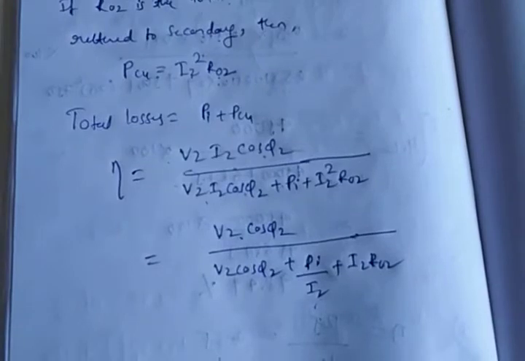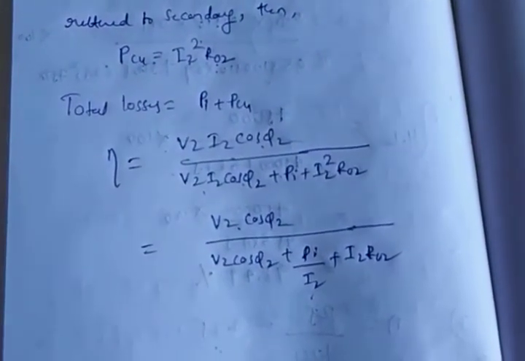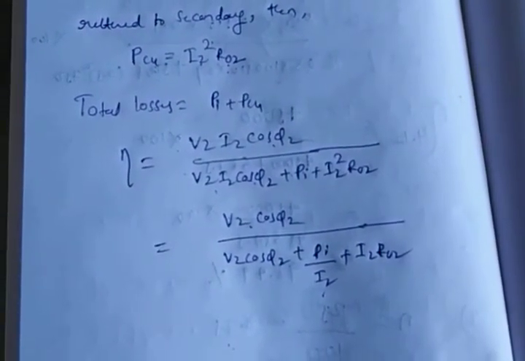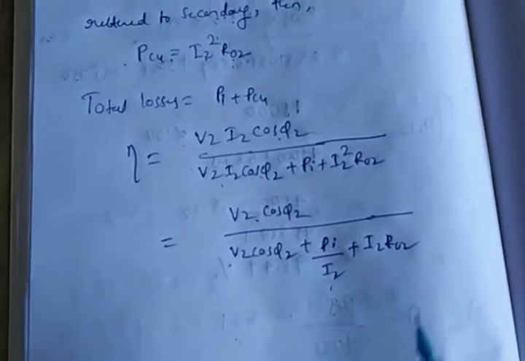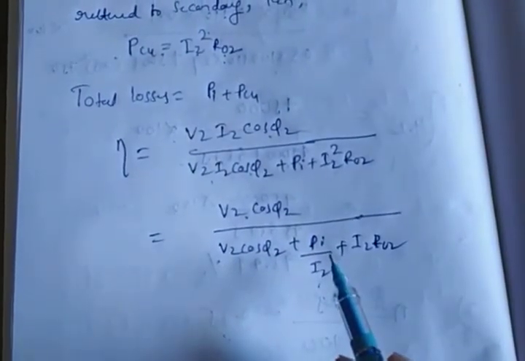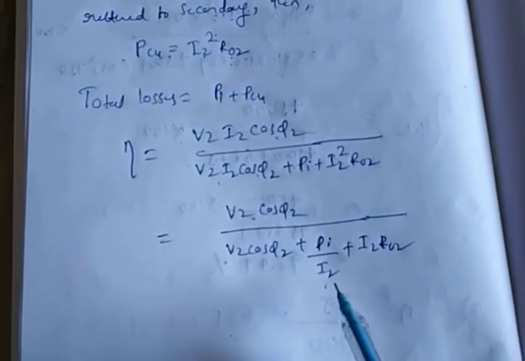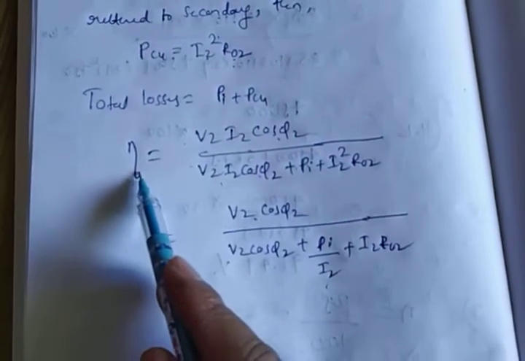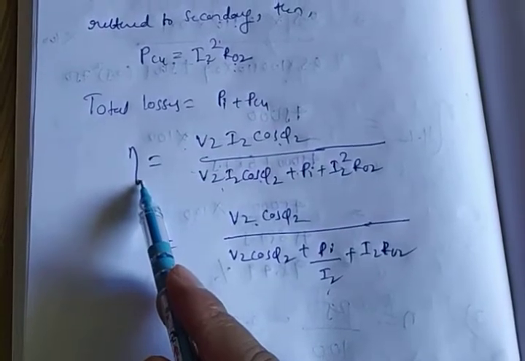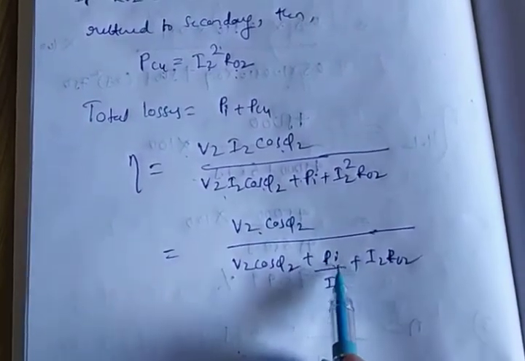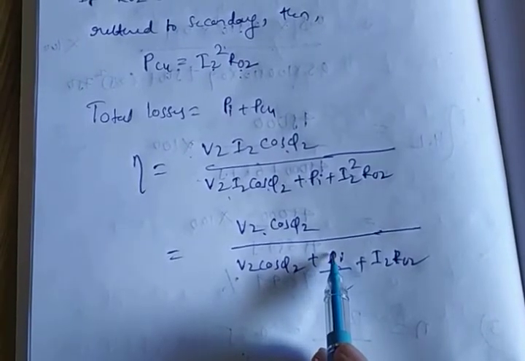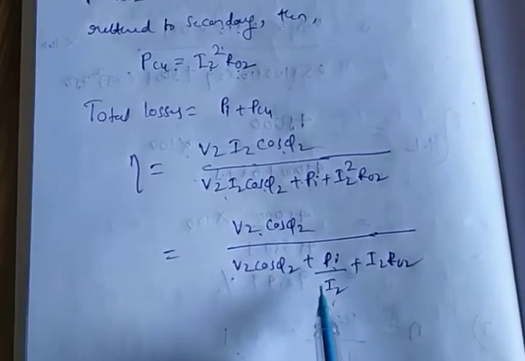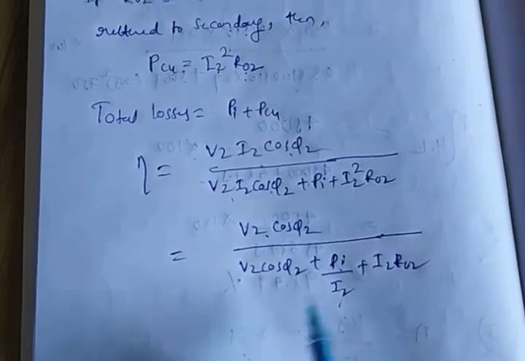For a normal transformer, V2 is approximately constant. Hence for a load of given power factor, the efficiency depends upon the load current I2. From this equation it is clear that the numerator is constant, and for the efficiency to be maximum, the denominator should be minimum.